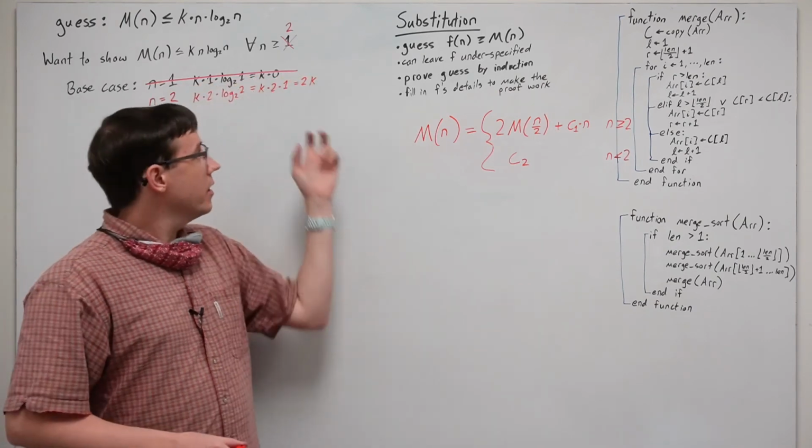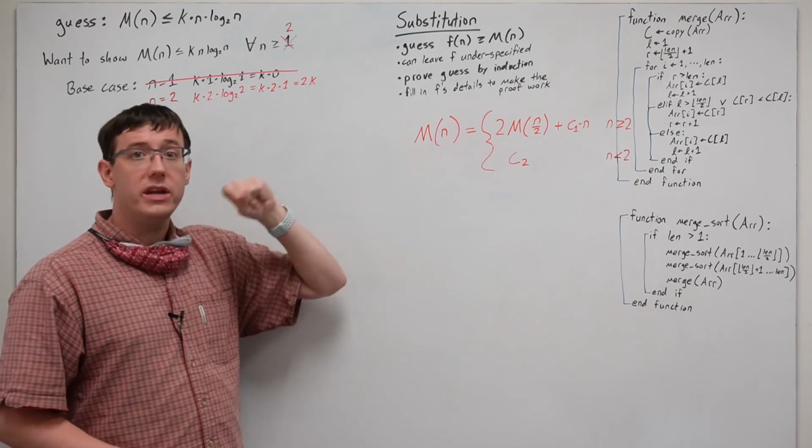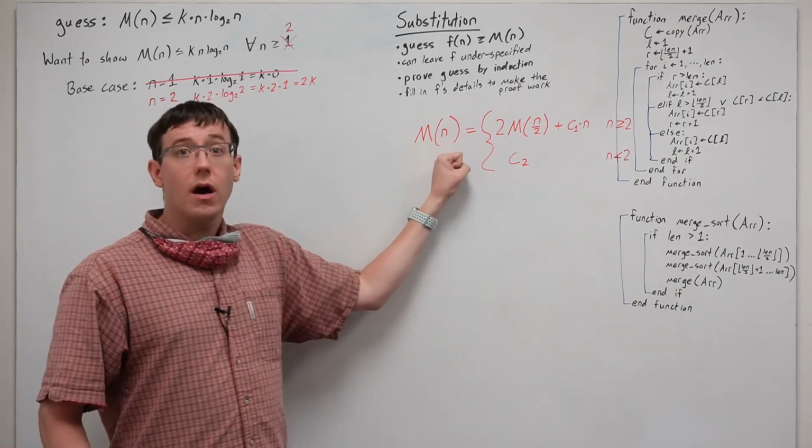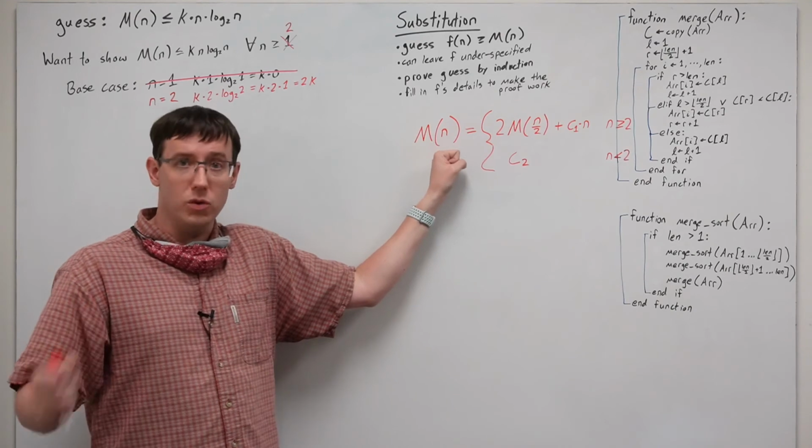And to show that this upper bounds the recurrence, we need to evaluate what our recurrence gives us when n equals 2.